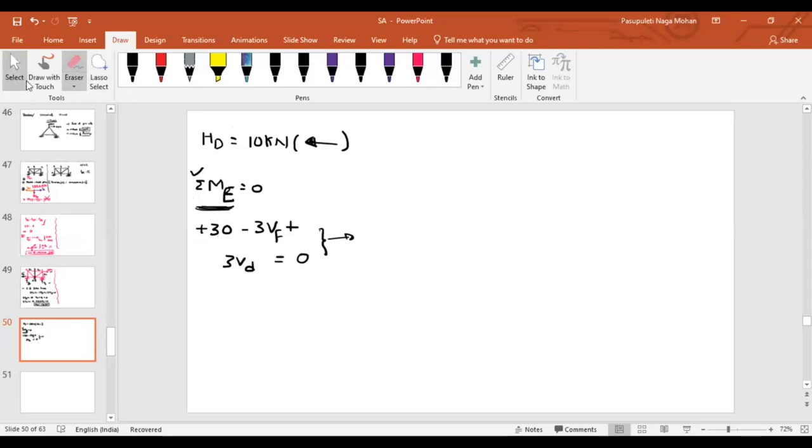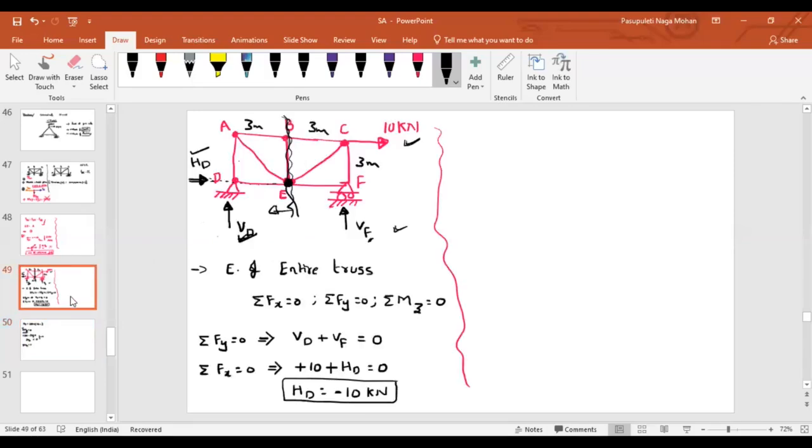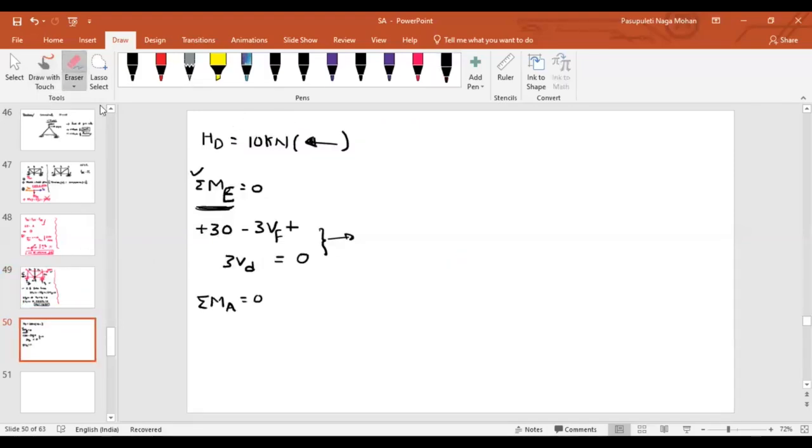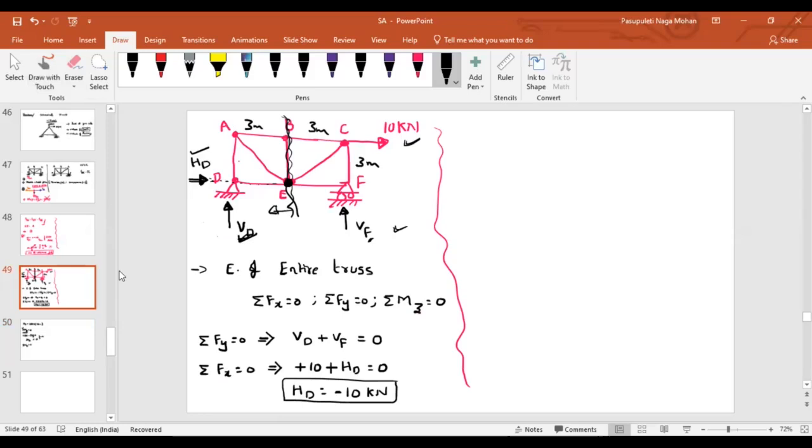But instead, what if I write summation of moments at point B equal to 0? Can you tell me what equation you will get if we take summation of moments at this point? Because of HD and VD, will there be any moments at point D?